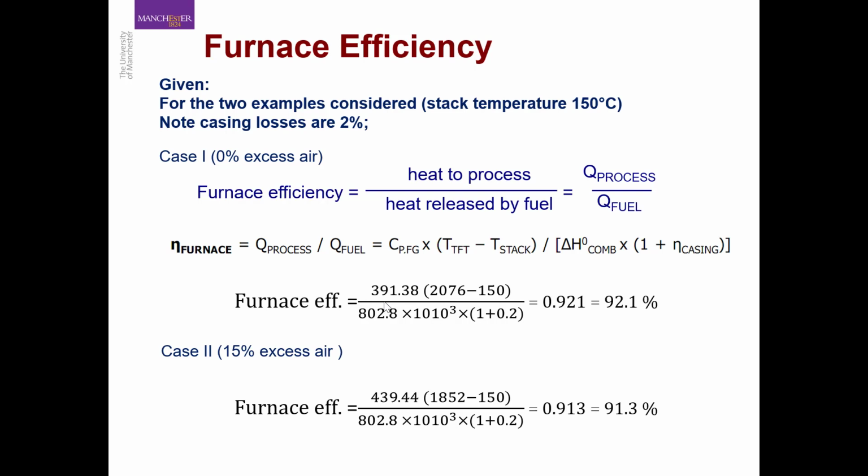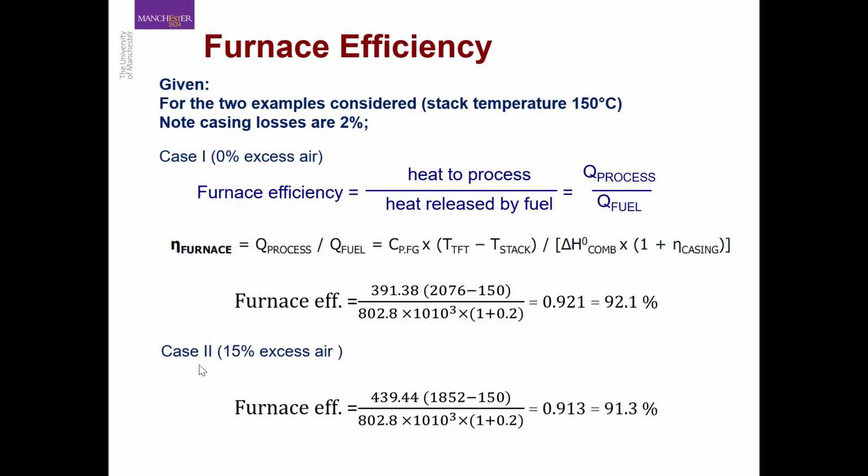Okay, so if we plug the values here, again this equation we know from the previous case, we have Cp times 2076, that was the flame temperature for the first case, minus the stack temperature, and divided by the heat of combustion that is given to us from literature times the casing losses, and we get an efficiency of 92.1%.